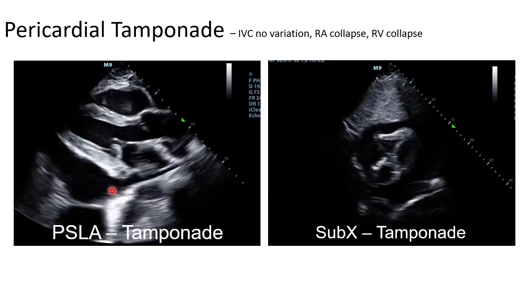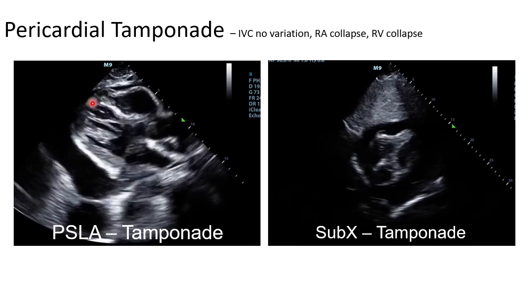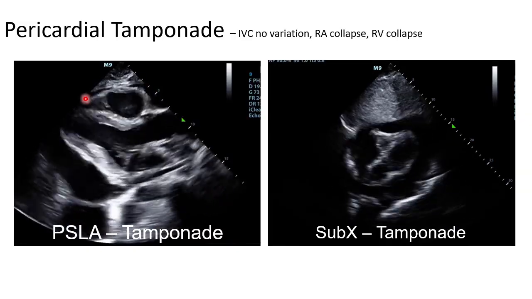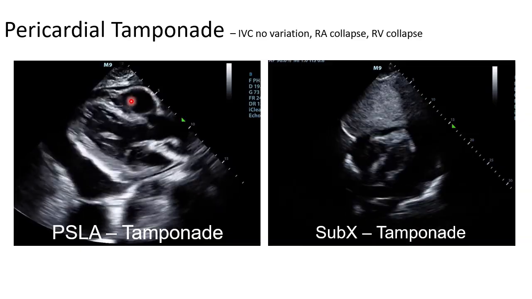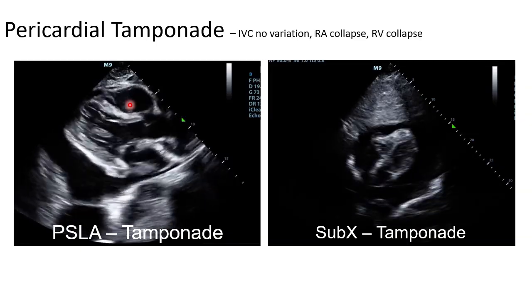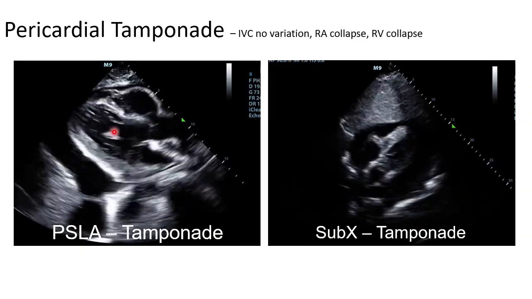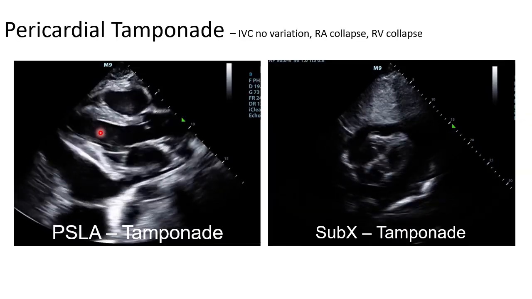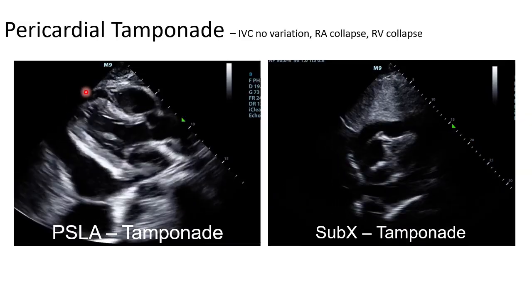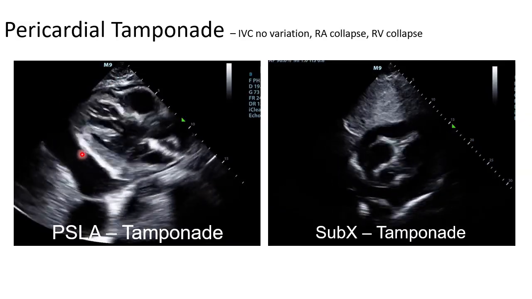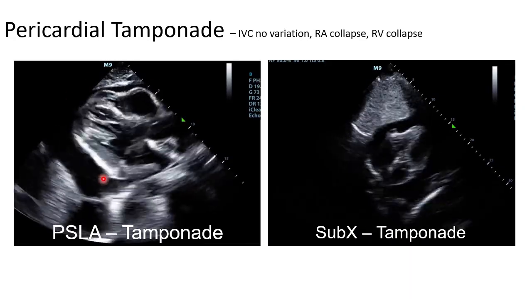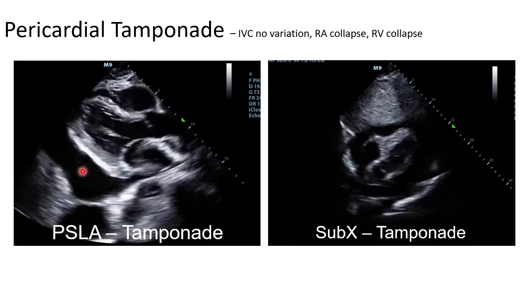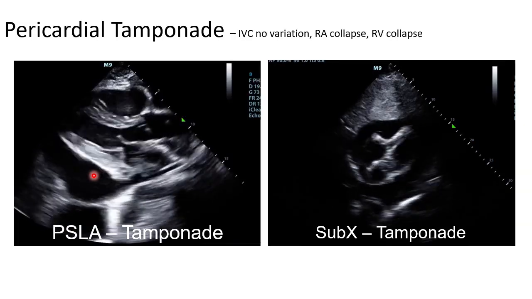Notice how the fluid travels anterior to the heart. We see RV collapsing, and then we see the LV is pretty underfilled. This is a pretty serious situation that requires the tamponade and the fluid around the heart to be removed.